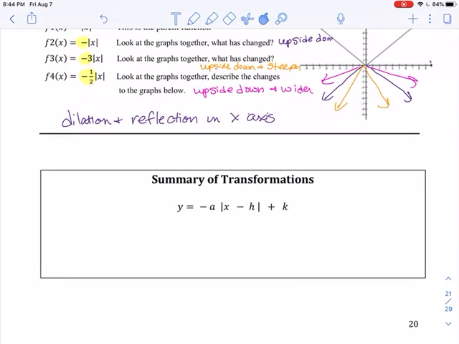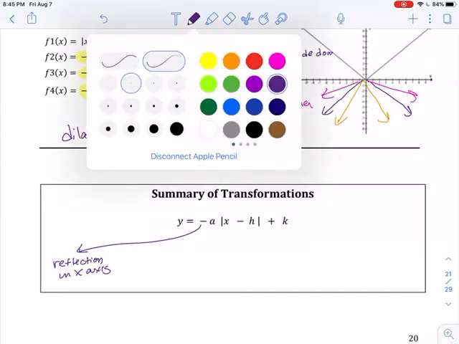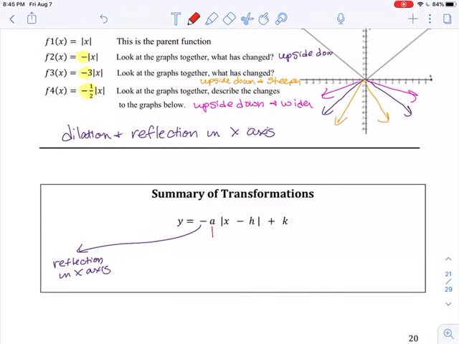So basically this negative sign right here, that negative sign is a reflection in the x-axis. The dilation comes from that A. So the A is a dilation.